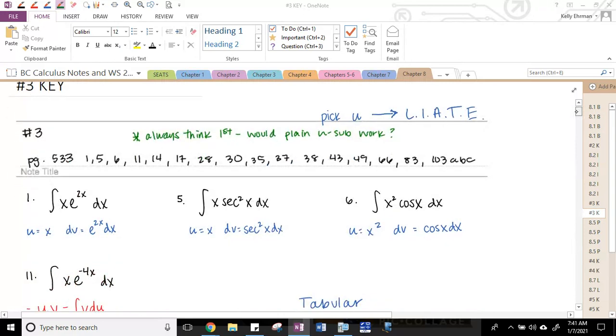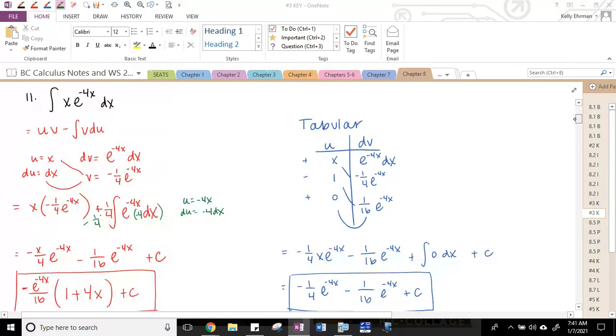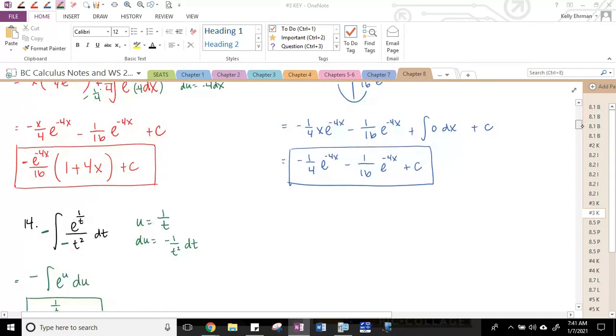You'll also notice on my key, I did almost every problem using both methods, using tabular method and uv minus integral of v du. Now, obviously, the formula tends to be longer, but in a lot of cases, whether you start by the formula or start by tabular, the work ends up matching up.